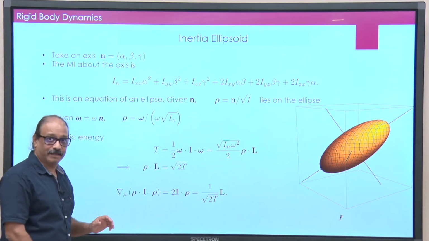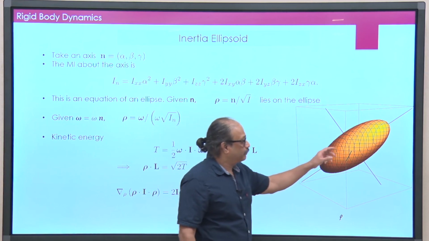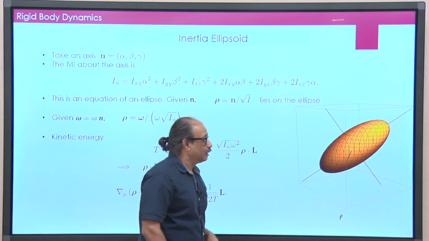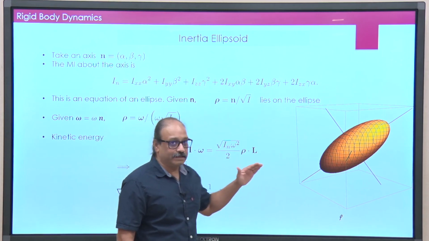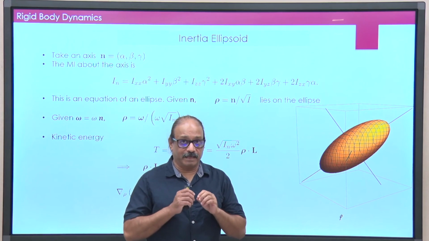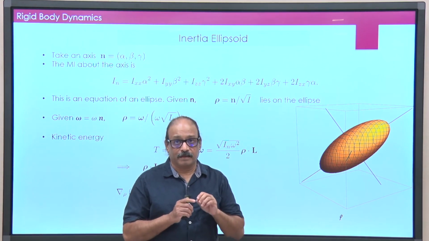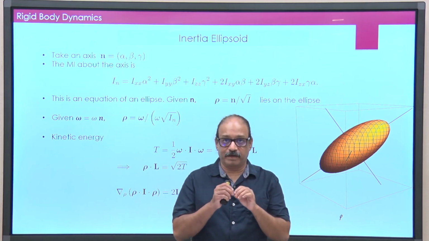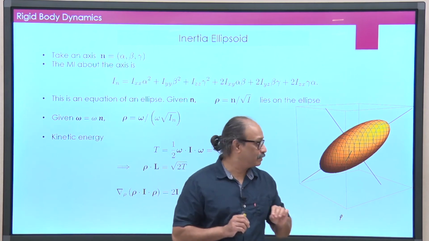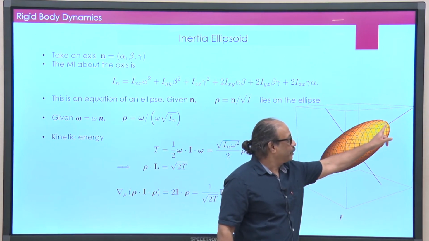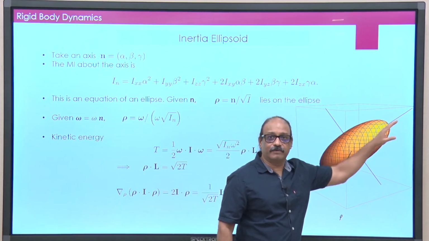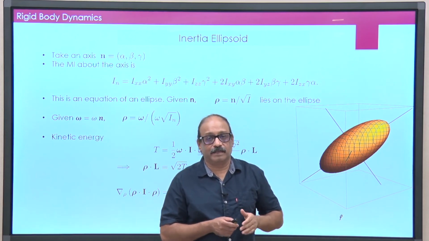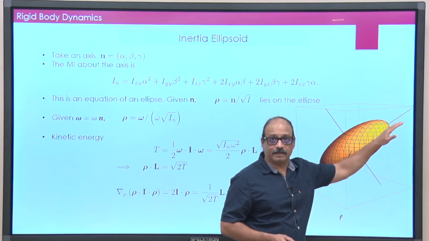Now, let us see if it makes sense. Look at what happens when I take omega in the direction of 1 1 1. So basically I want L, but you look at the perpendicular to the ellipsoid at the point where the major axis comes out. At that point, the perpendicular to the surface is also in the 1 1 1 direction. You see, that is why your L vector was in the direction of the omega vector itself.